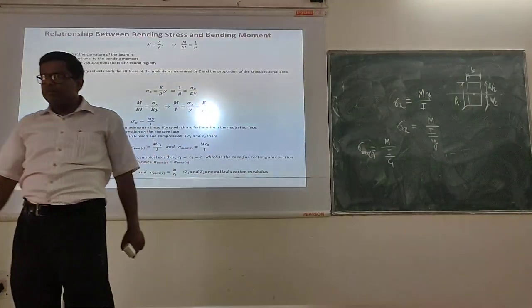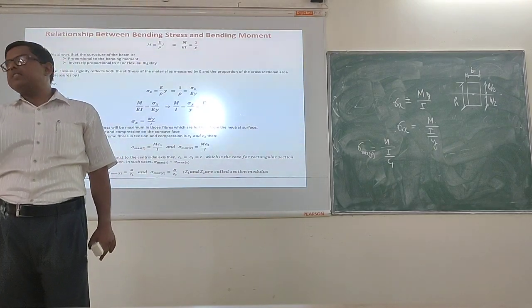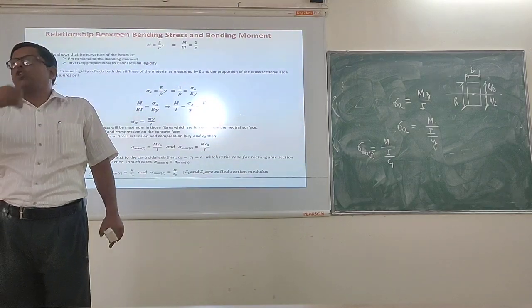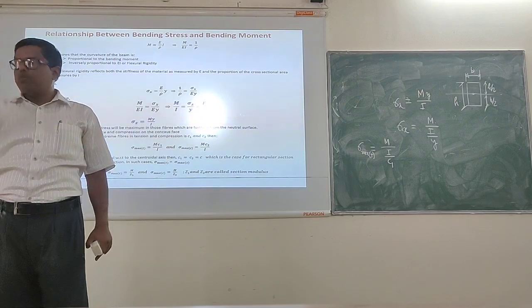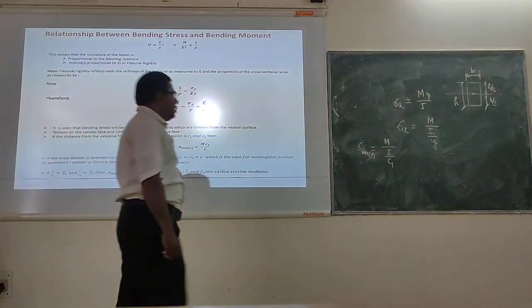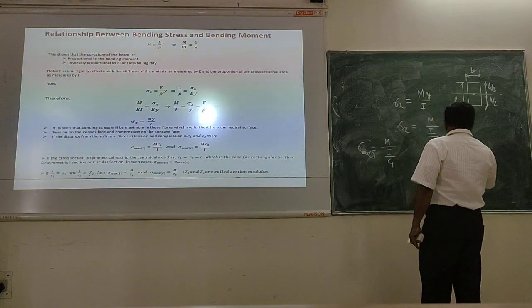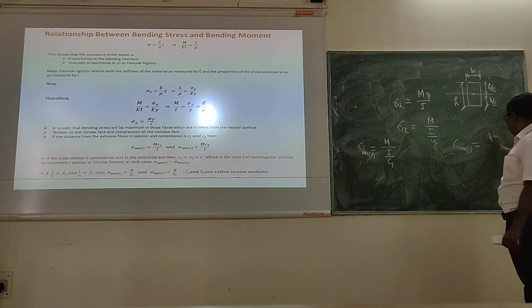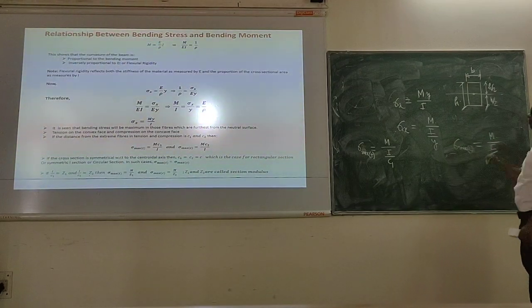I got the previous equation only, M by I into C1. In place of y, I replaced it with C1. Why? Because I am getting the tension at the bottom. So C1 is the distance of the bottommost fiber from the neutral axis. Clear? Now the next one is sigma max compression. How much will it be? It will be M by I into C2.